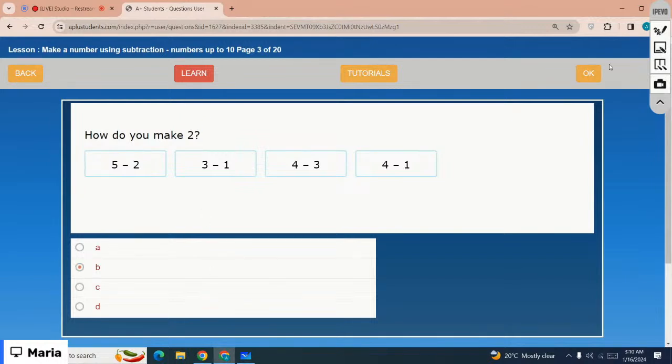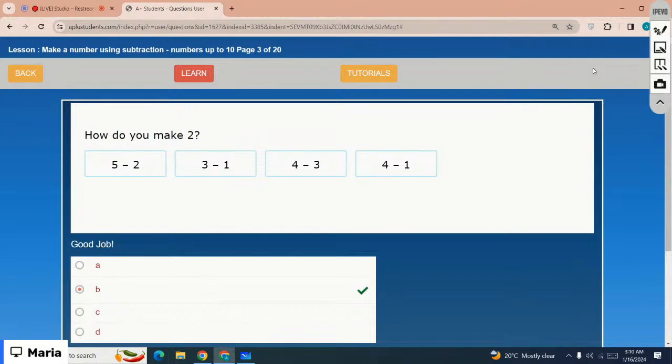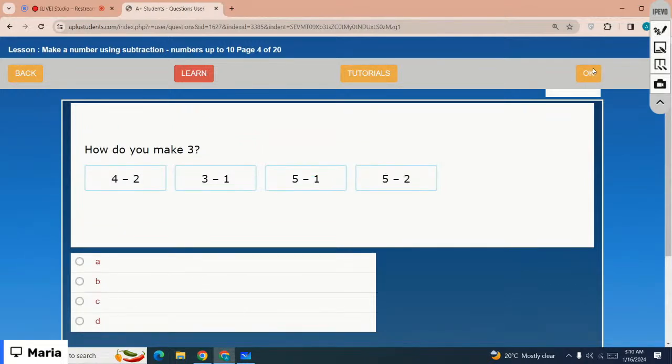Next, how do you make 3? Which is the correct option?